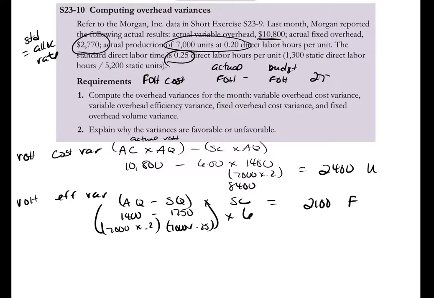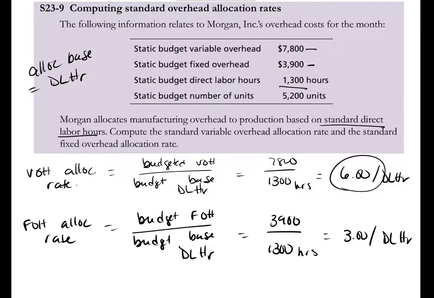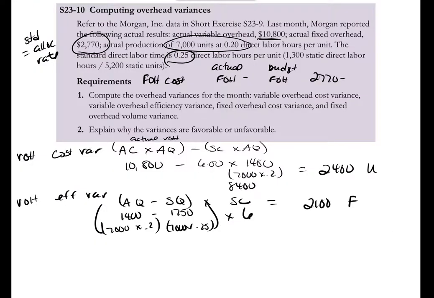So 2,770, and the budgeted was 3,900. That was what they gave me in the first part of the problem. Minus 3,900 gives me 1,130. That's a favorable variance right there. So that's my fixed overhead cost variance. Again, those two numbers are always given to you, so that's why that one's my favorite. I don't have to calculate anything.